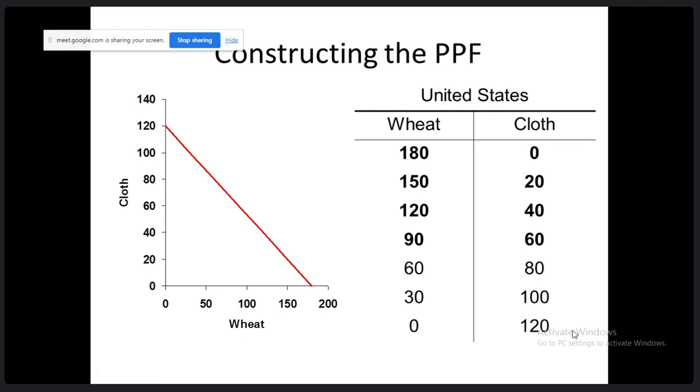So the red line that we are seeing here is the production possibility frontier for United States. Is that clear to everyone? Yes, ma'am.